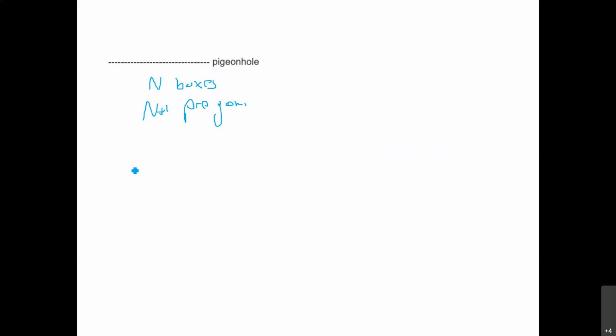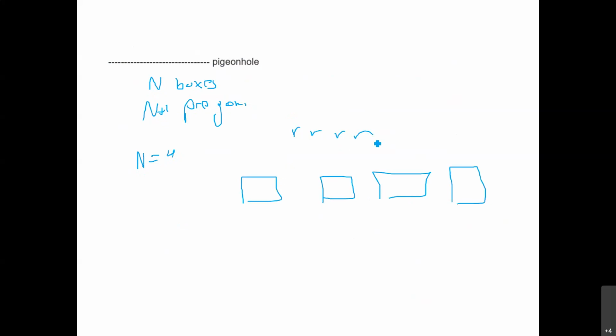So for example, let n be 4. So you have 4 boxes, you have 5 of those birds, those pigeons. If you want to place them in those boxes, if I put this bird here, this one here, this one here, this one here, I'm left with one more I have to put somewhere.